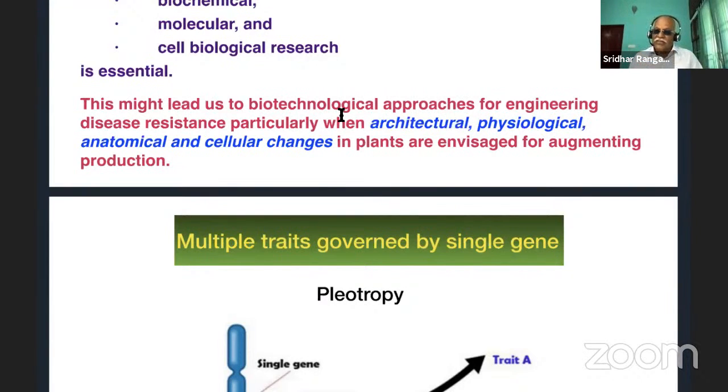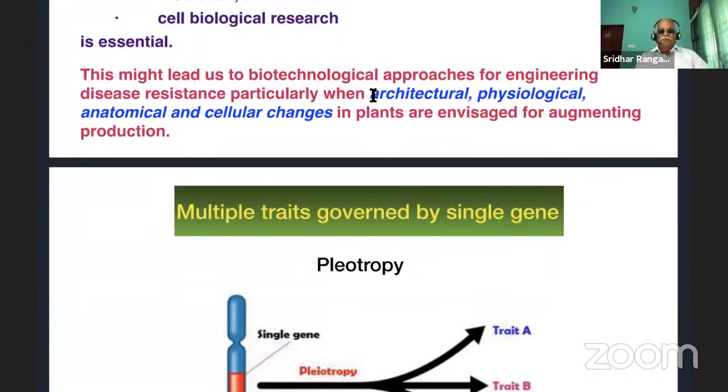But when you are dealing with resistance genes, you should always keep in mind what the gene does. In the earlier years, we used to say that if you breed resistant varieties, your yield will depress. But that is not the case, from what we have seen in the early days.